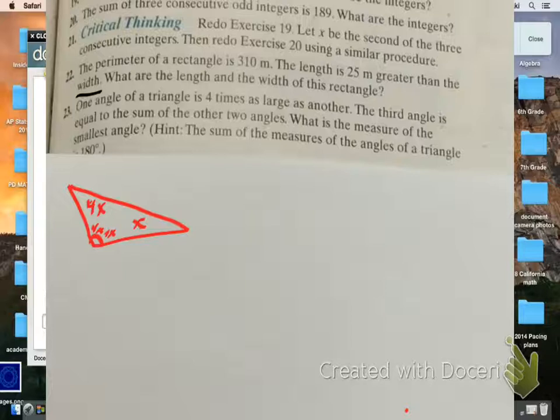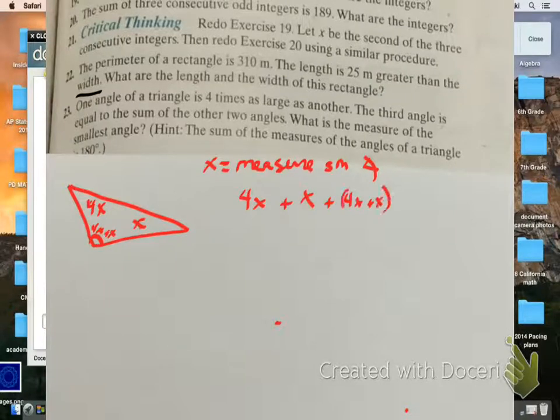So we know that 3 angles, x is the measure, we're going to call x the measure of our angle. It's the measure of the smallest angle. So now I'm going to say we've got 4x plus x plus 4x plus x.